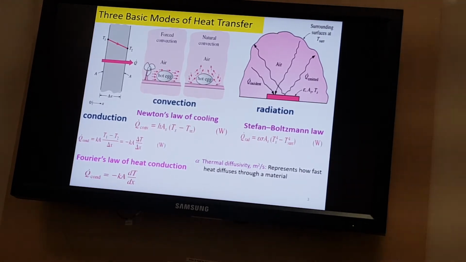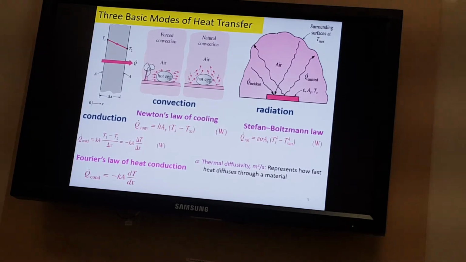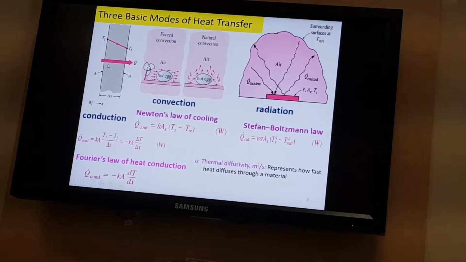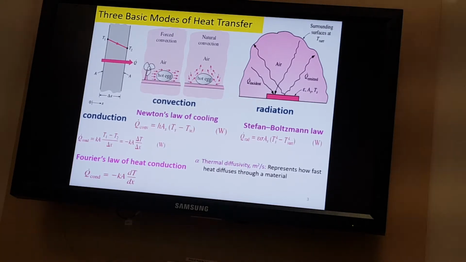The temperature gradient dT over dx can be changed to delta T over delta x only when the temperature changes linearly, right? For example, steady state without generation for heat conduction through a wall, right? In that case, if the temperature changes linearly, you have delta T over delta x equal to dT over dx, right? Otherwise, you cannot apply it, right?